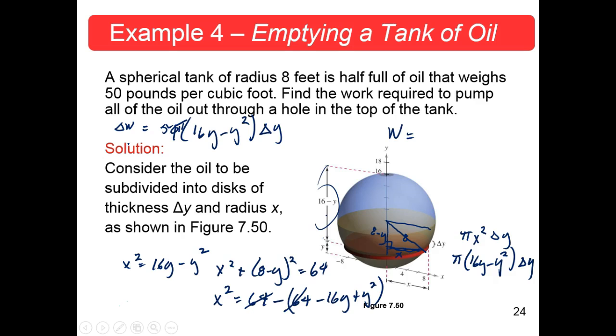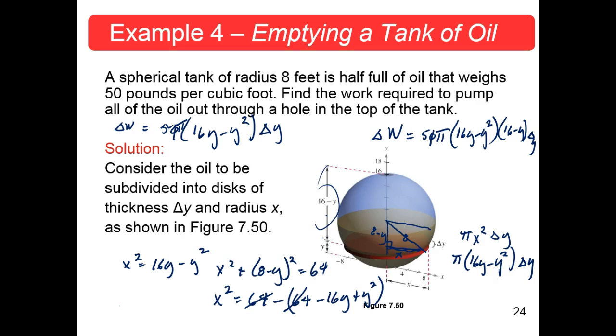So their delta capital W is then 50 pi times 16y minus y squared times 16 minus y times delta y. Okay. And that will give you force times the displacement, which is work. And that's what we're integrating.